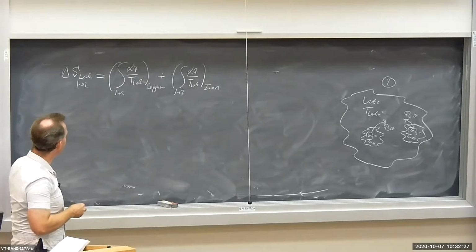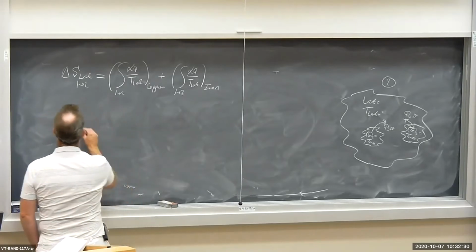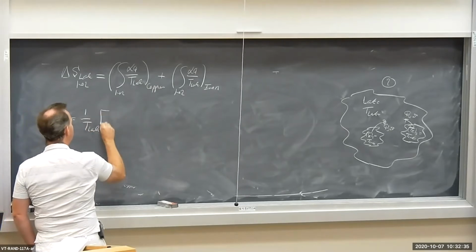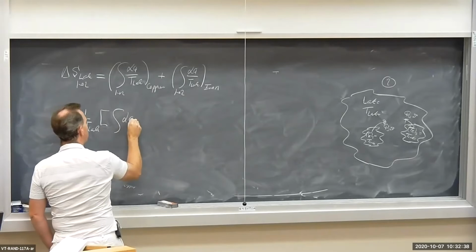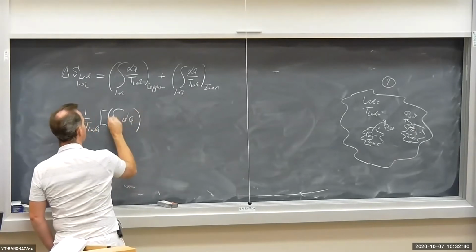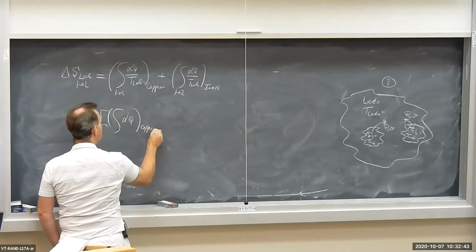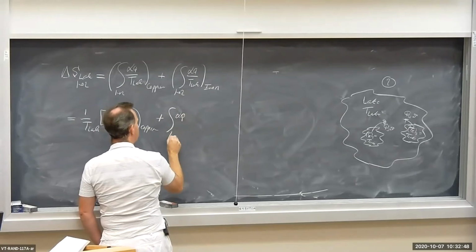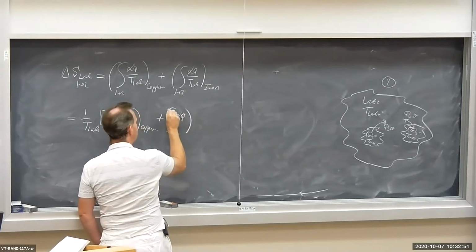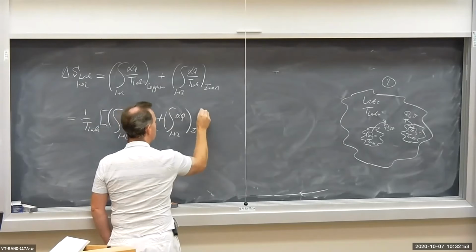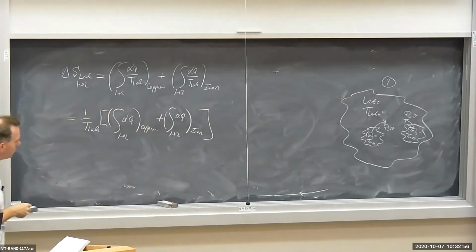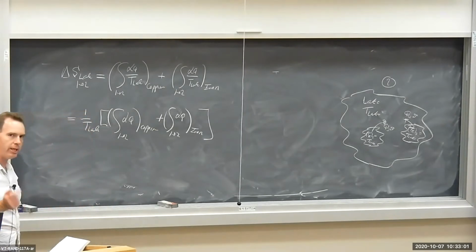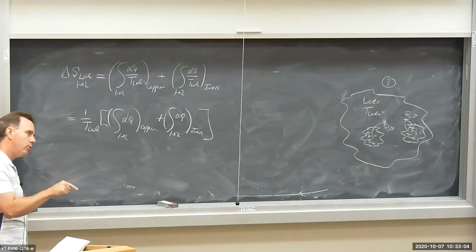Now, the lake temperatures are constant as far as the integral is concerned, so we can pull them out. I get 1 over T lake, and then I'll group together these integrals. Integral del Q, and this is for the copper, 1 to 2, plus integral of del Q for the iron. Okay? Now, these are heat interactions to the lake. Remember, in the energy balance, Q is to the system.